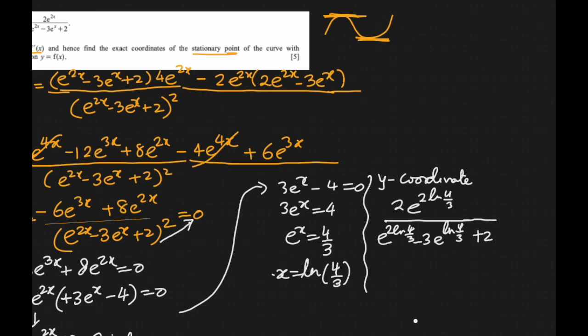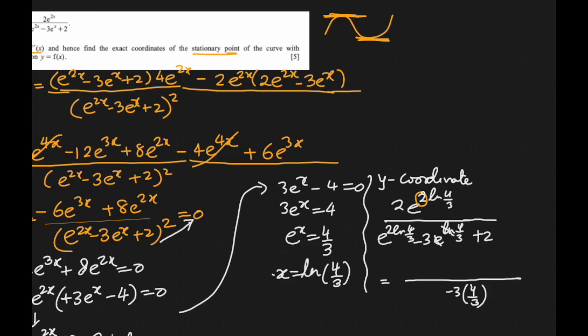First thing first, we should neutralize natural log and e, which are inverses of each other. So this will become minus 3 times 4 over 3. Similar things should happen here. So what can I do here in this case?